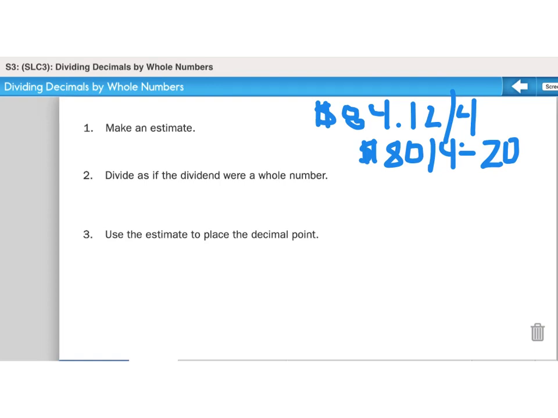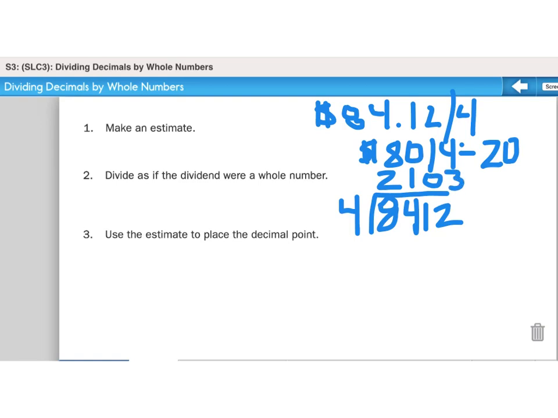Then we're going to divide as if these were a whole number. So we're going to think of it as 8,412 divided by 4. And when you do that, you can do traditional division or partial quotient division, whichever is easiest for you. When you do that, you should get the answer of 2,103.